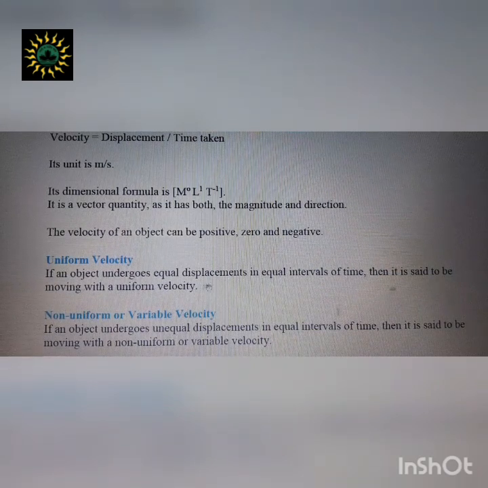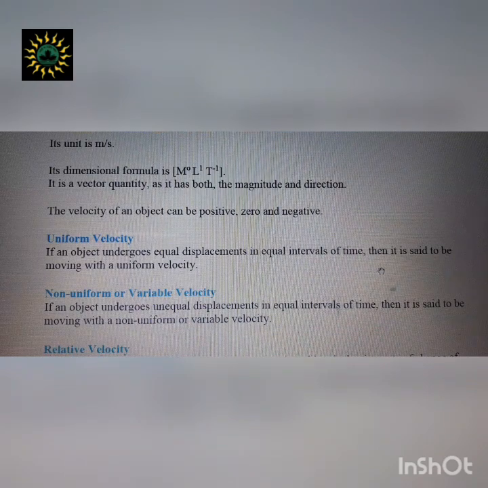So if an object undergoes equal displacements in equal intervals of time, then it is said to be moving with uniform velocity. Non-uniform velocity or variable velocity is the same. When velocity changes, the body doesn't move with constant velocity. So if an object undergoes unequal displacements in equal intervals of time, I already explained in the last class, exactly similar to this.